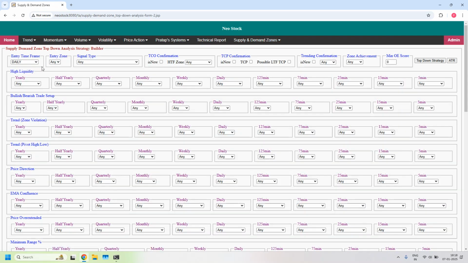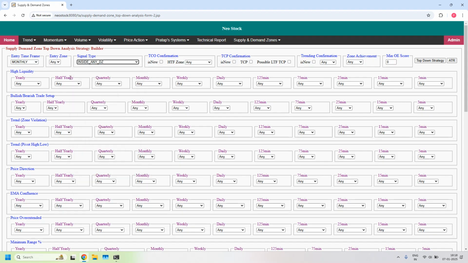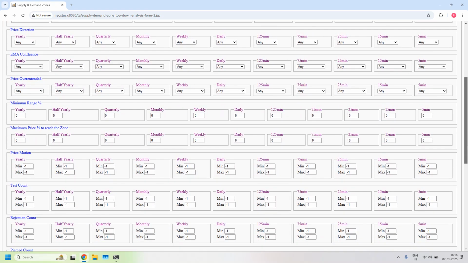Okay, next, monthly time frame. Price closed inside the monthly demand zone, and these monthly demand zones should not be pierced.